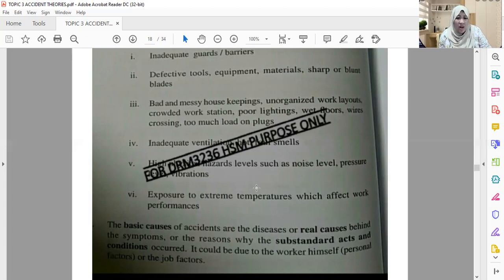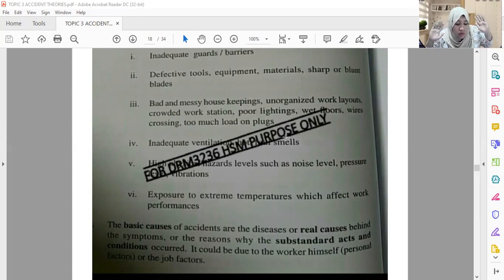And then we have high hazard levels such as noise level. So sorry on that. Okay, we are talking about the noise level. Mostly they will use ear plugs.